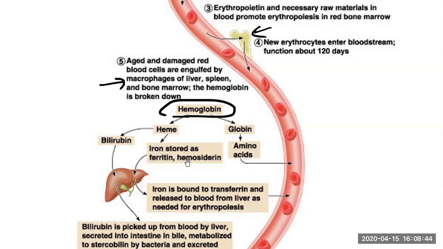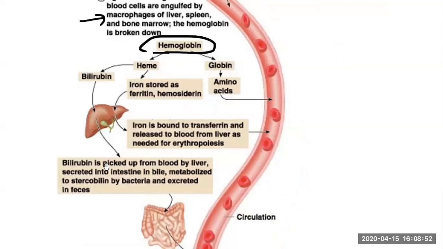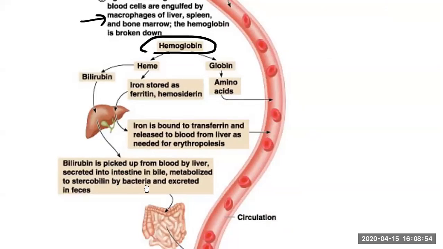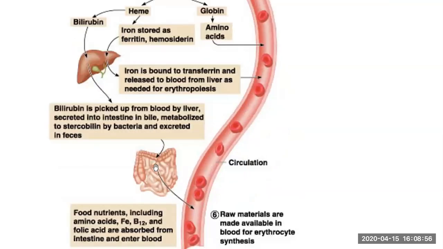So the iron can get stored in the liver and the rest of it basically becomes the bilirubin, which again can be converted to the bile and sent into the small intestine, and the small intestine can utilize it to break down the fat and things of that nature. So that was the life cycle in a nutshell.